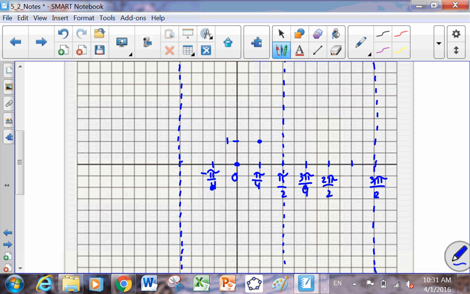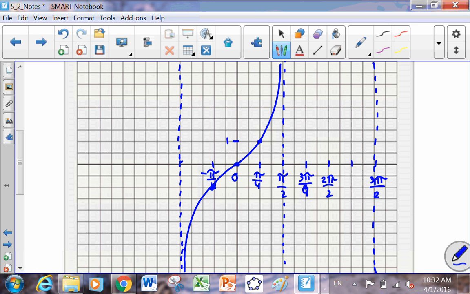If you use your calculator, you can find all the other points in between. And what it's going to do is come like this, touch this, and go up like this. You can find it if you find many points, either on your calculator, or we can find more points, but those are the main important points. If you have these 3, you're good, and your asymptote.